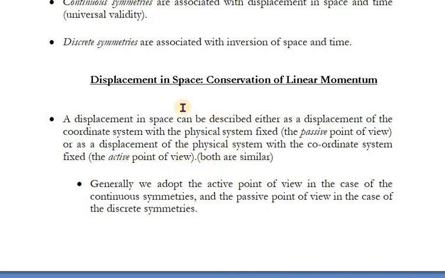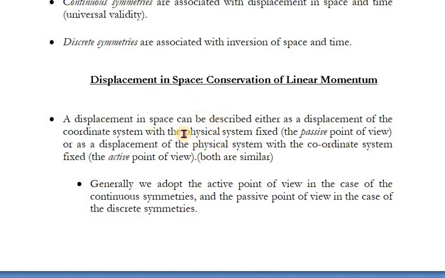Both are similar. Generally, we adopt the active point of view in the case of continuous symmetries and the passive point of view in the case of discrete symmetries.